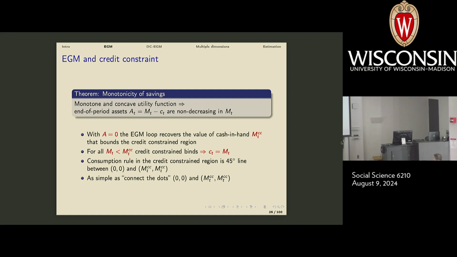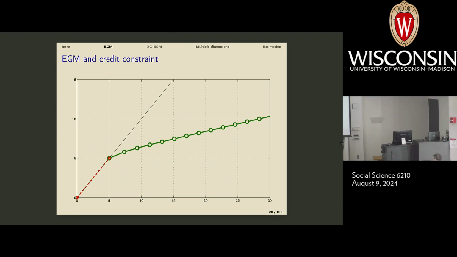That means that the consumption rule is just a 45-degree line. You will consume everything to the left of this point, M super CC. So the solution looks like this. We first run the EGM step with A equals 0, and we will recover this point. This is wealth on the axis.